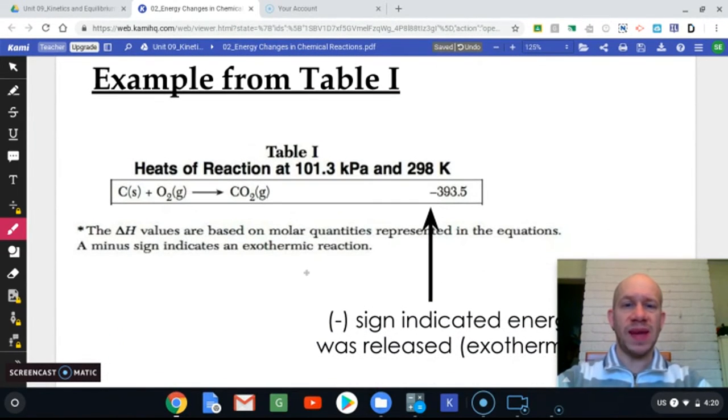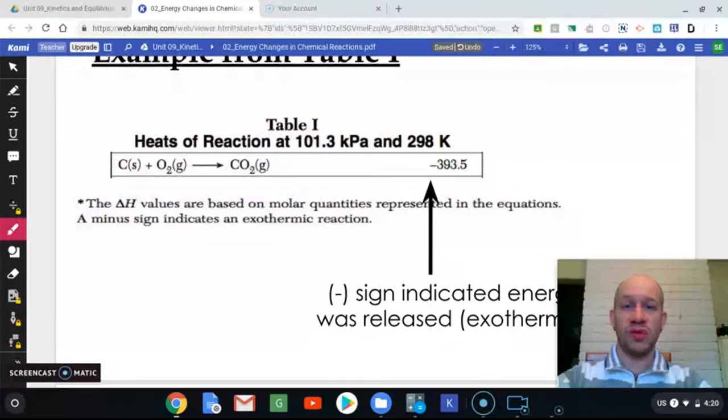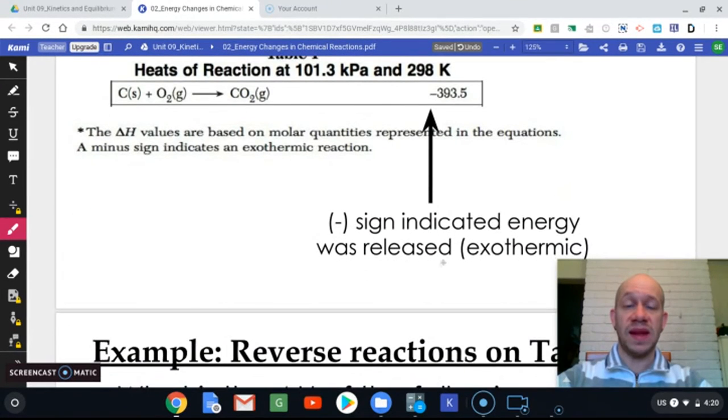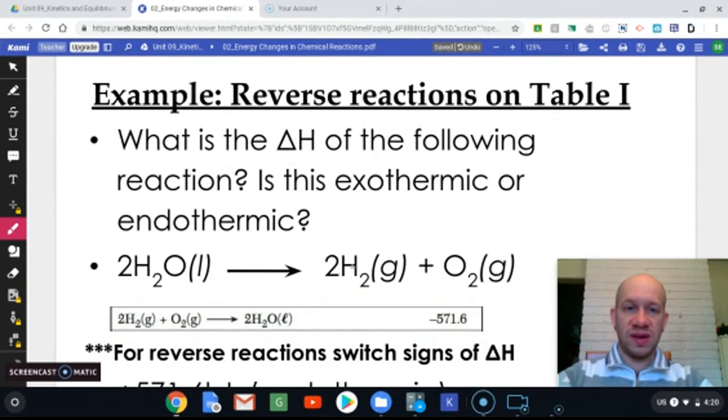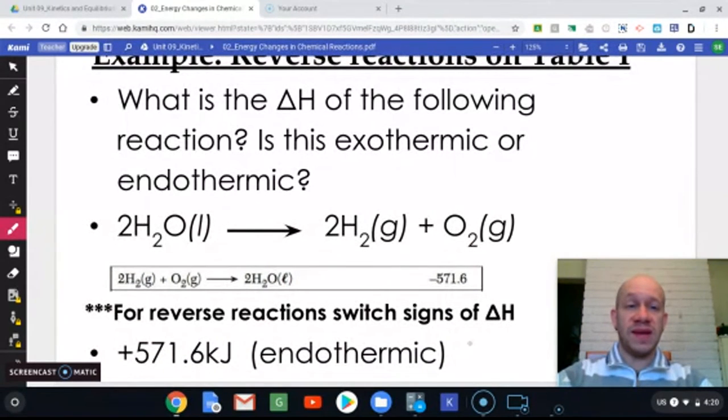So an example from Table I, our minus sign here, this reaction as written has a negative 393.5 kilojoules of heat released, and this is an exothermic reaction. Recall if I reverse the reactions on Table I, I'm going to reverse the sign of that delta H. So what is the delta H of the following reaction?